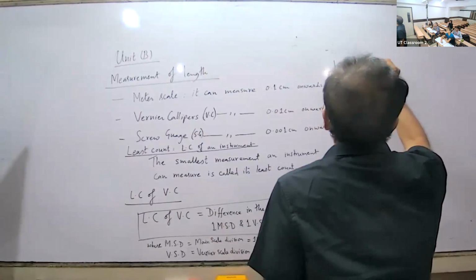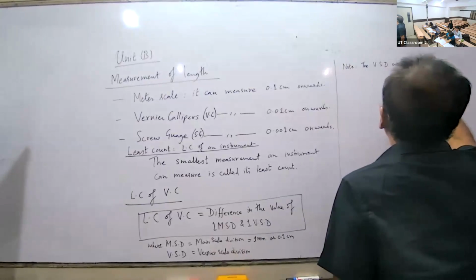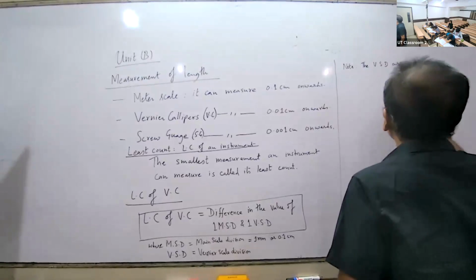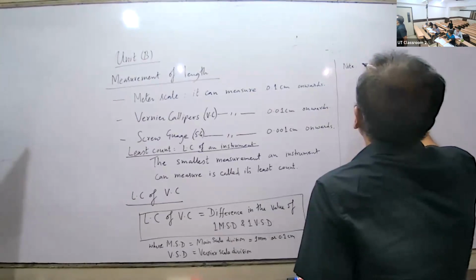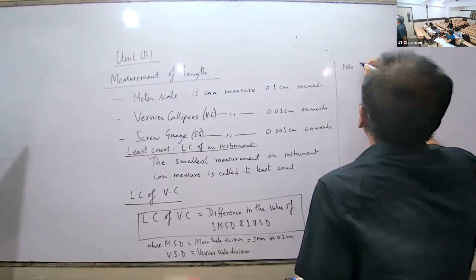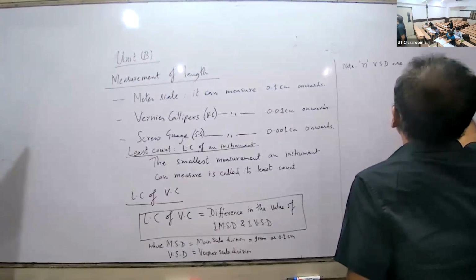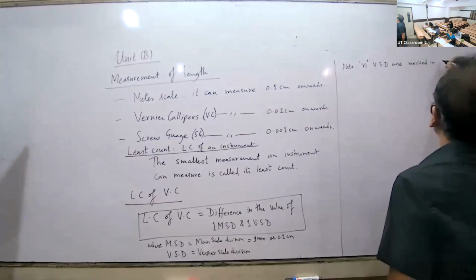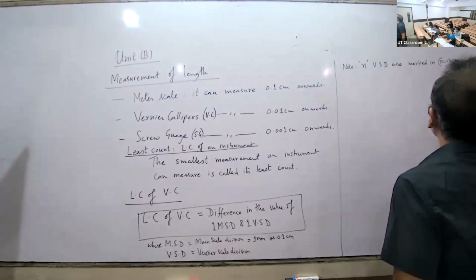Let's say there are n vernier scale divisions marked in n minus 1 main scale divisions.